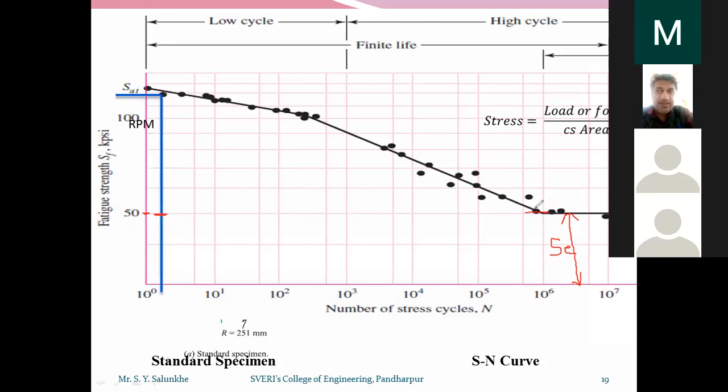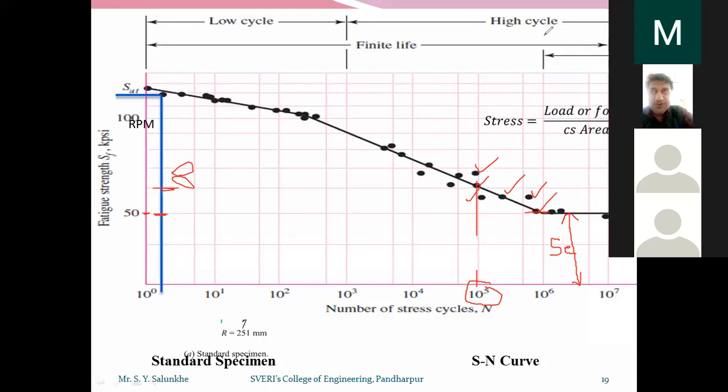If you go on increasing the value of that stress, then failure is going to occur. These points are drawn for the failure. The number of cycles which that specimen can sustain under the application of that particular value of stress is called the life of that component under completely reversed stress.